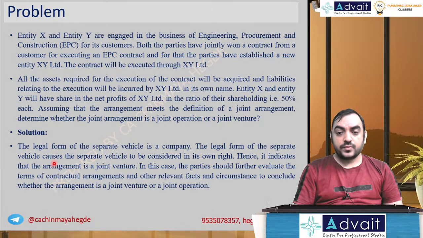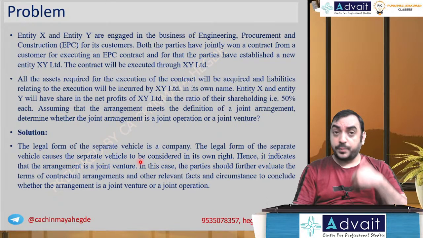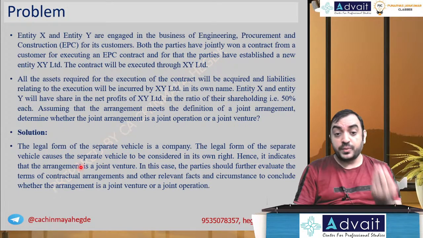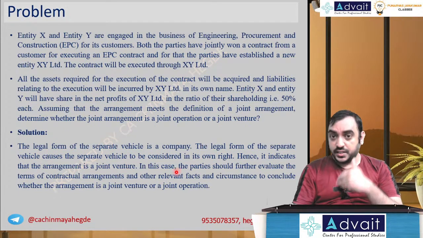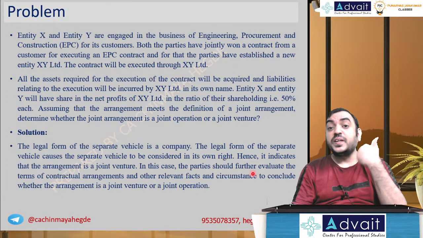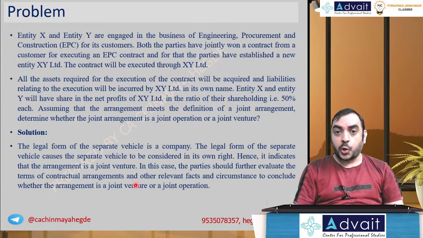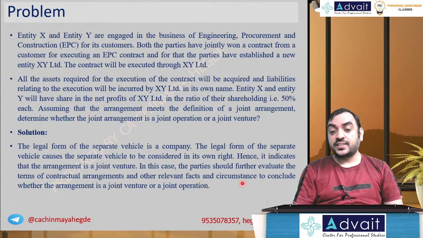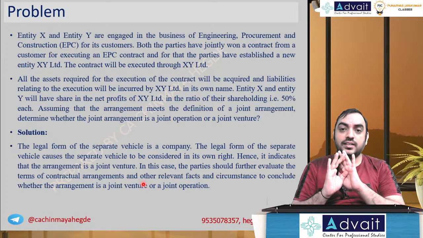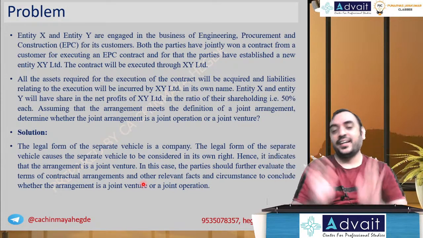A separate vehicle, considered in its own right, indicates the arrangement is a joint venture, but in this case, parties should further evaluate the terms of the contractual arrangements and other relevant facts and circumstances to conclude whether it is a joint venture or joint operation. So again, the conclusion is open-ended.